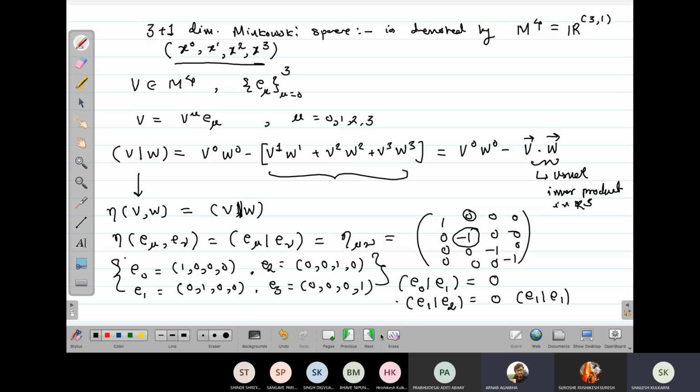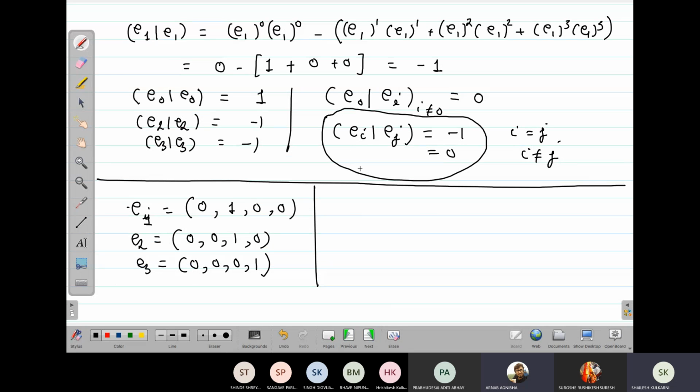There is no big deal here. Suppose I take my E1 as 0 -1 0 0, and E2 as 0 0 -1 0. What am I going to get if you use this definition?